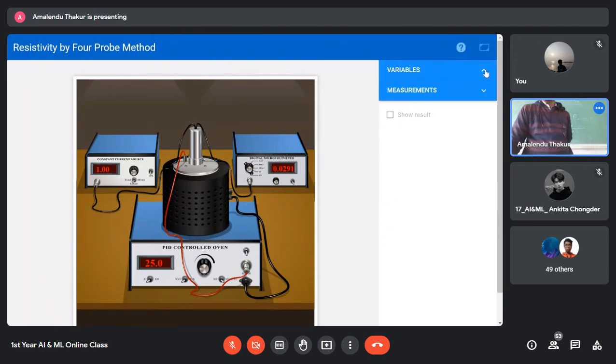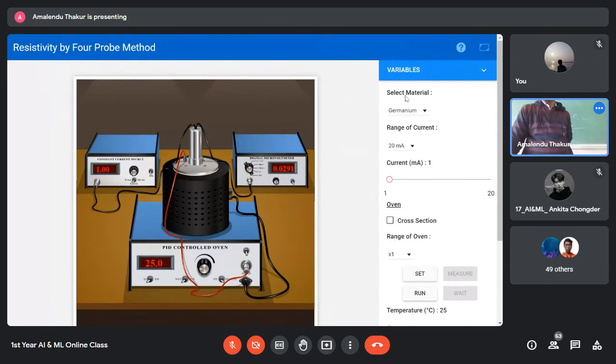You choose any material. Here we can change between germanium or silicon. Suppose germanium. The range of current is a minimum of 20 milliampere and a maximum of 200 milliampere. We can take any current we like. Suppose we took 27 milliampere.